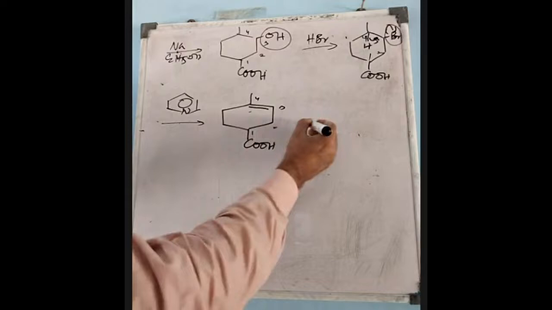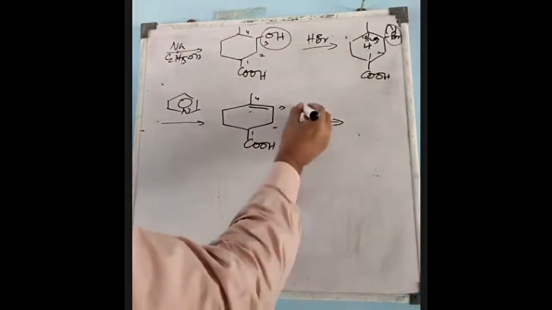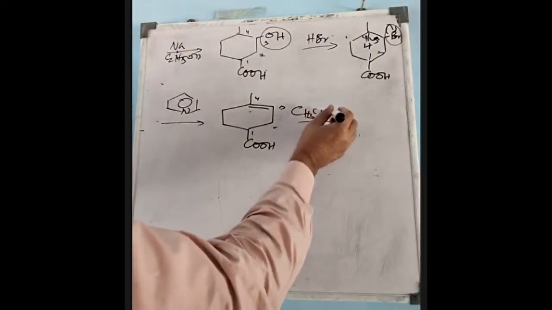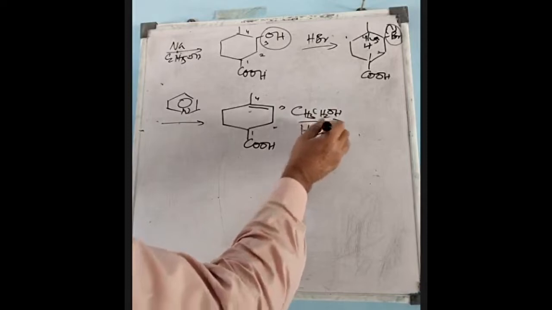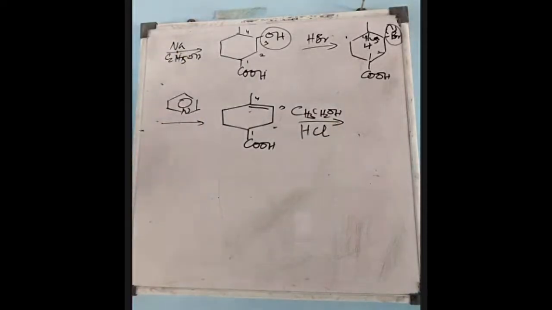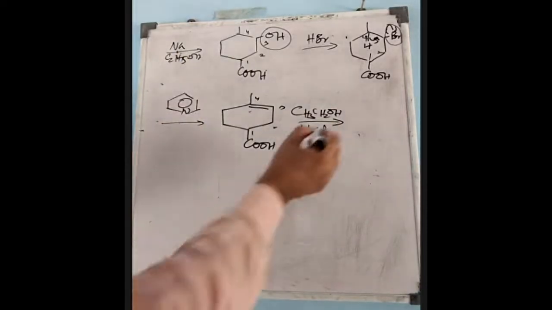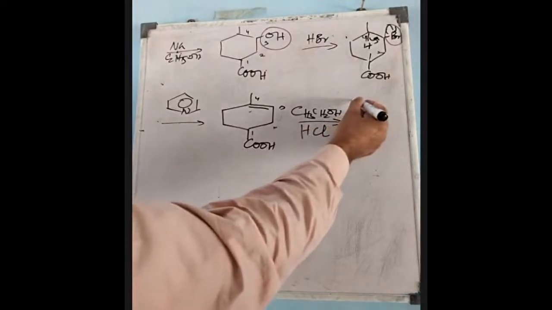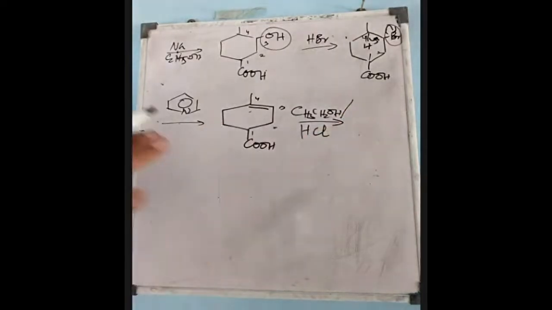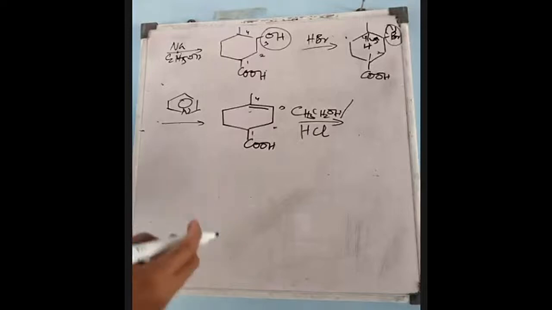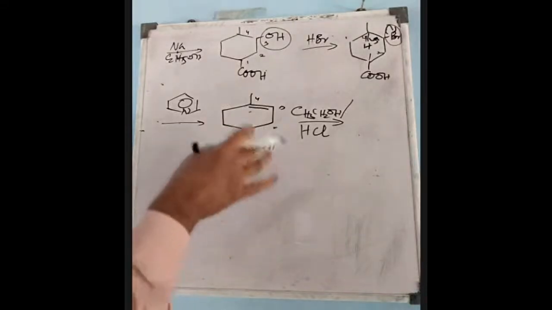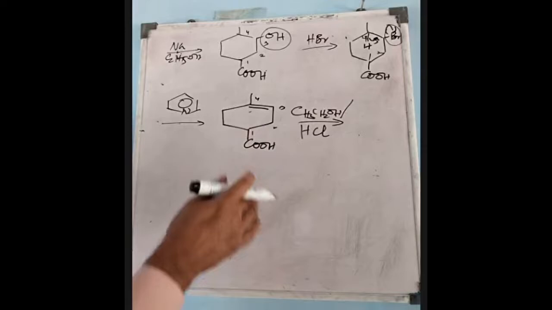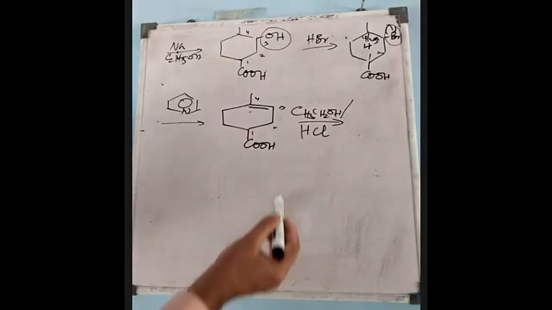And when this compound is treated with ethyl alcohol in the presence of dilute hydrochloric acid, they are added simultaneously. We have a mixture of ethanol plus hydrochloric acid, and this is the general reaction. Whenever alcohol reacts with an acid in the presence of acid, what happens? Esters are produced.